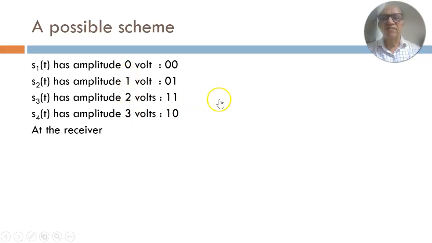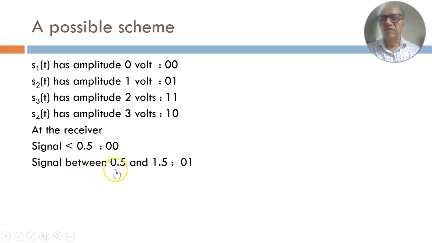It will be somewhere in between. So you need some rules in order to make your decisions. If the signal is less than 0.5, so it's around 0, say it could be negative for some reason, then it goes up to 0.5 volts. You decide that 0 0 was transmitted.